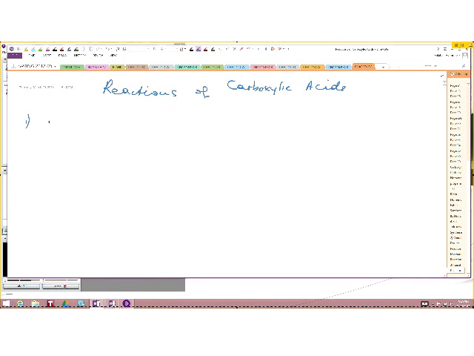First reaction, reaction with thionyl chloride to give what we call acid chloride. We will talk some more about acid chloride in the next chapter, which is chapter 21.